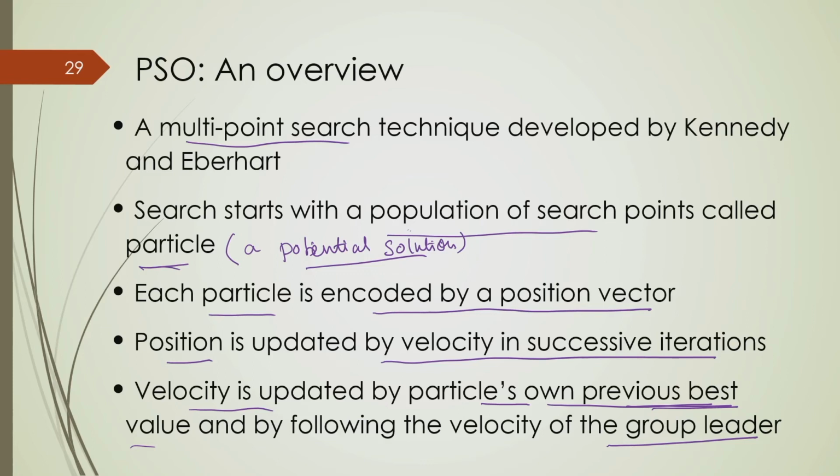So, the idea behind this velocity updation is that when we have some athletic competition, for example, a 100-meter race, how can a competitor win? If that competitor exceeds his or her previous best, as well as performs better than all other competitors.